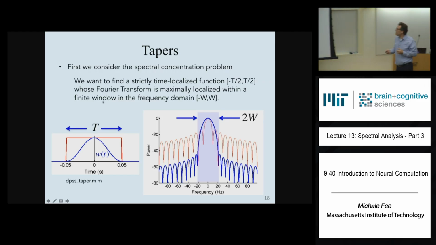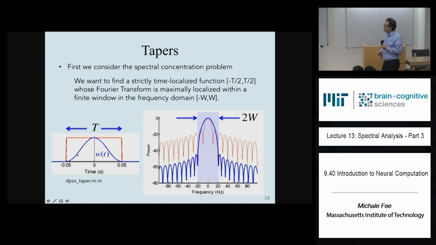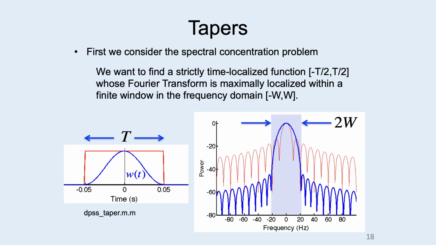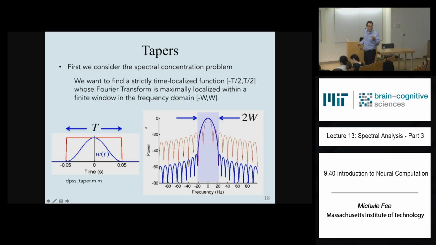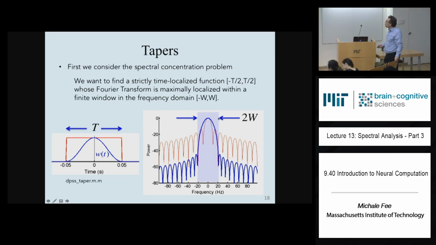We're going to find a function, W, a tapering, that is limited in time from minus T over 2 to plus T over 2, so it's 0 outside of that, that concentrates the maximum amount of energy in its Fourier transform, in its power spectrum, within a window that has width 2W. So W is from 0 to the edge. That makes sense? We're going to find a function W that concentrates as much energy as possible in this square window.